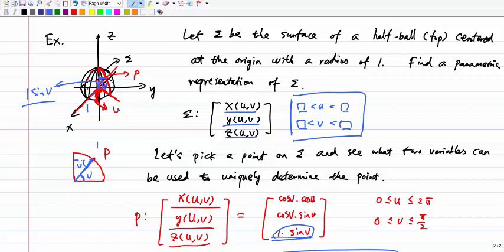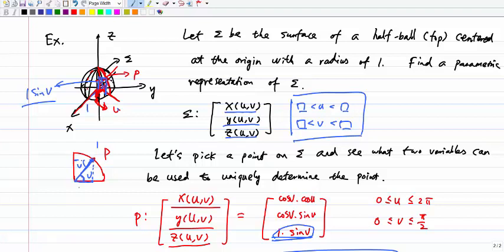Now let's take a look at the second one, x and y. What is x and what is y? If I project this point down to the x-y plane only, what do I get? This is the length.